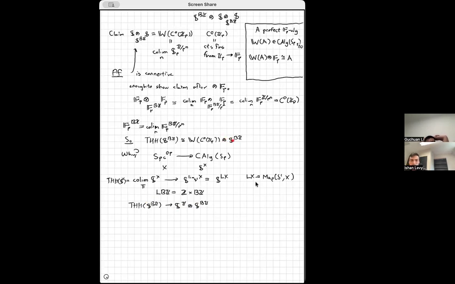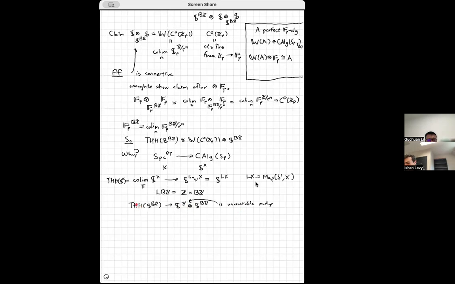So the correct answer was that it looked like S to the BZ tensored with continuous functions from Z_p into the sphere. But this guess is just all functions from Z to the sphere. And maybe one way to see that this cannot be the right answer is that if you look at all functions, you get something that is uncountable mod p.